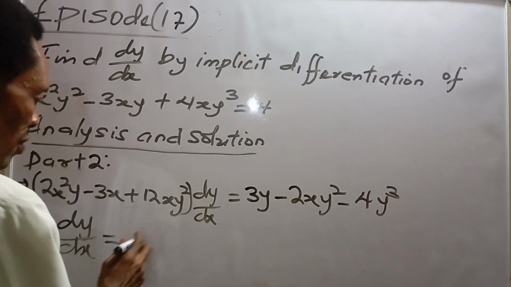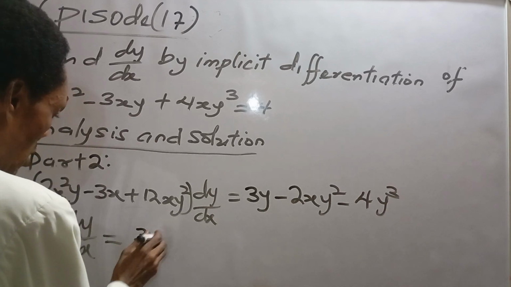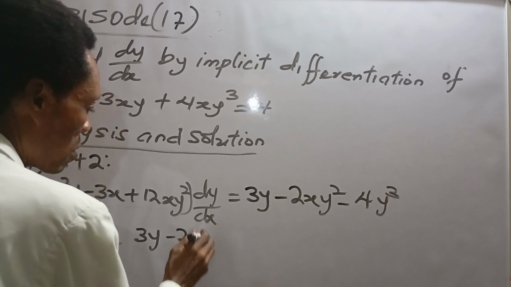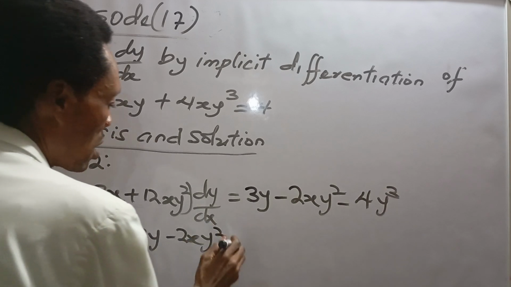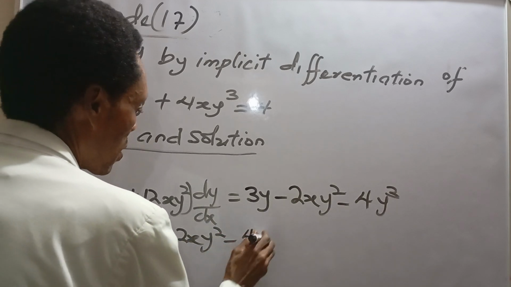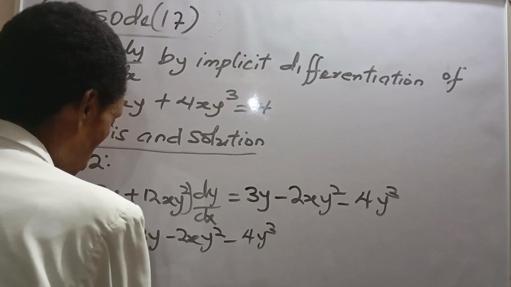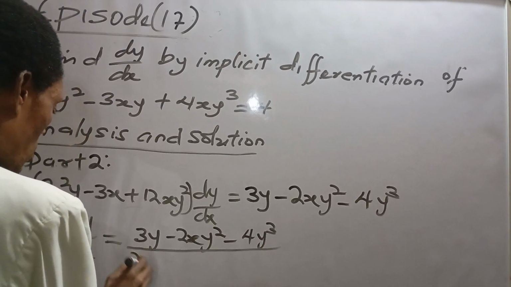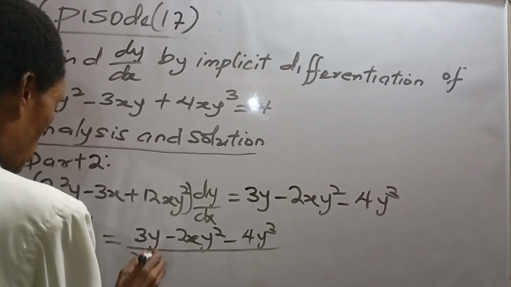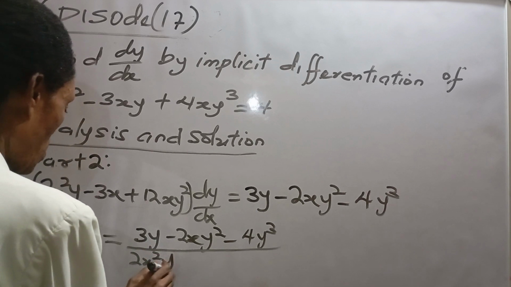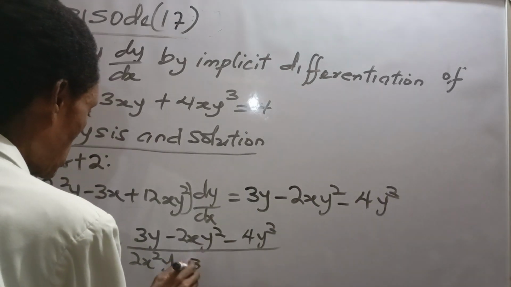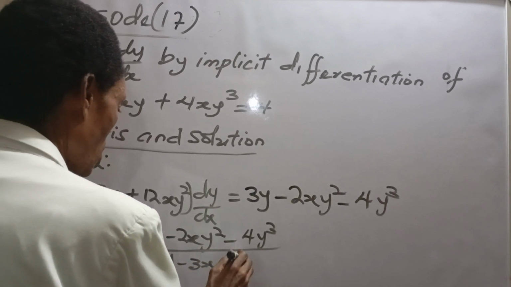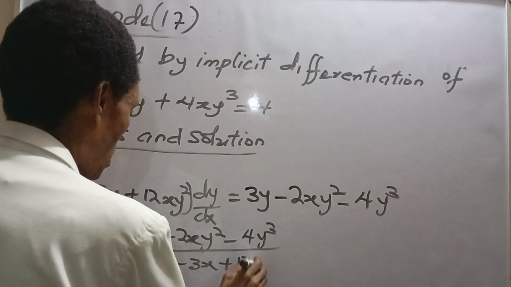So which gives us 3y minus 2sy squared and 4, equals, so this is 2s squared y minus 3s and plus 12s y.